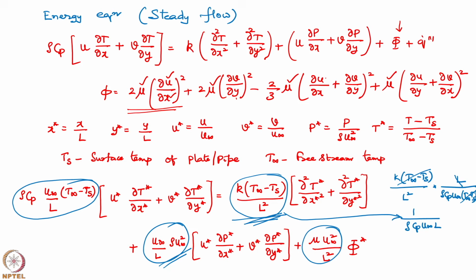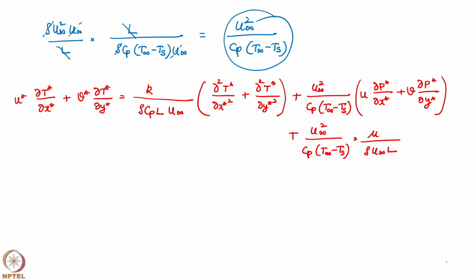This term I did not do. So, you have mu u infinity squared by L squared. If you divide it by rho Cp u infinity into T infinity minus Ts by L, one u infinity gets cancelled out, L and L get cancelled out. So, you get mu by rho Cp L. That is what I have written here.